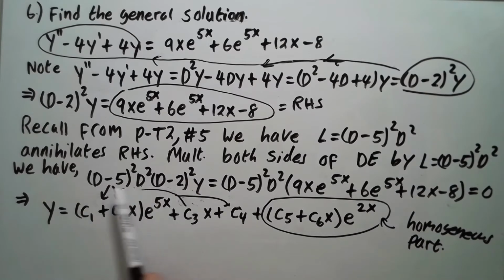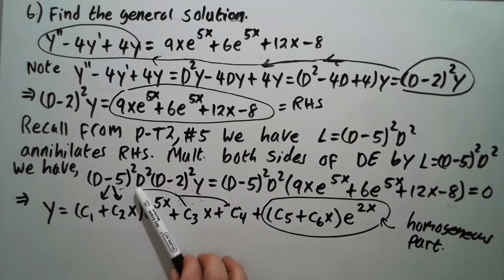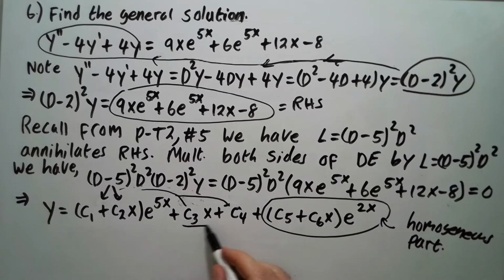The D minus 5 squared will annihilate things of the form e to the 5x and x times e to the 5x. The most general form here is c1 plus c2x times e to the 5x. This would be annihilated by D minus 5 squared. Now the D squared will eliminate a constant and a constant times x, so my D squared would eliminate this whole thing here.